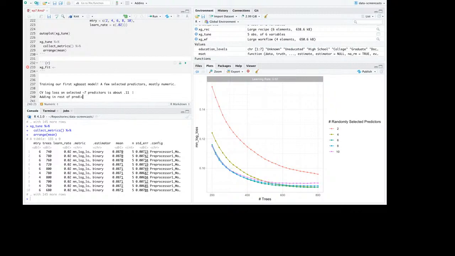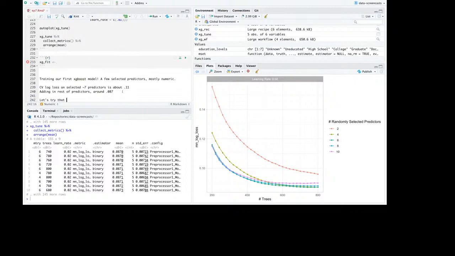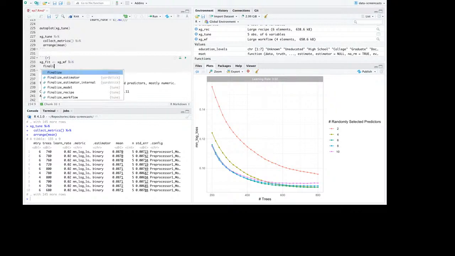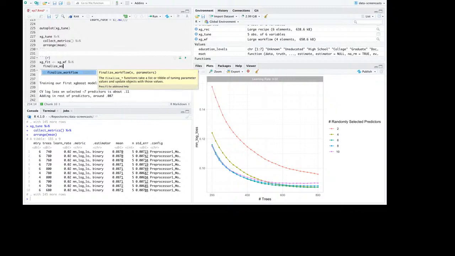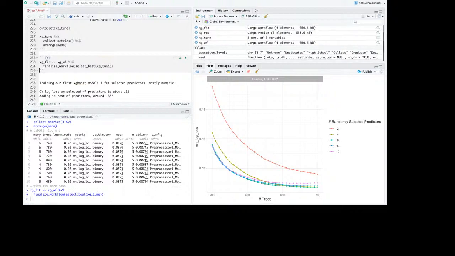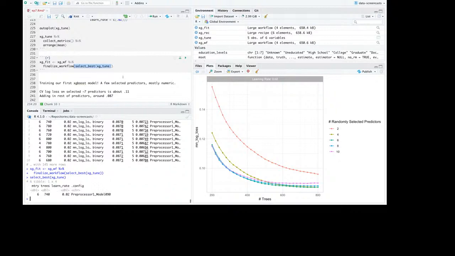In the rest of predictors, around, let's see, 0.087. Let's try that on training, on testing. So what I do is XG fit, XG workflow, finalize workflow to select best XG tune, which, by the way, will be 6.